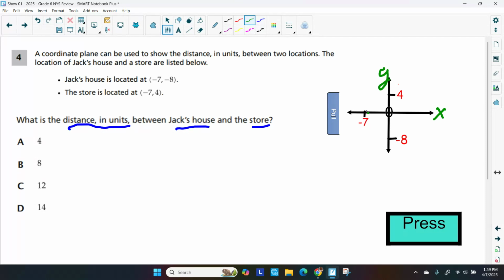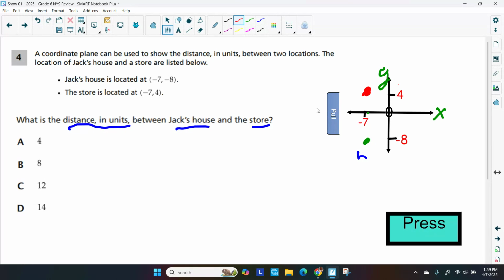And so Jack's house is at -7 and go down to -8. So there's Jack's house. And I'll put a little H for house. And the store is located at -7 and 4, +4. So that's up there. So it's located at -7 and 4.